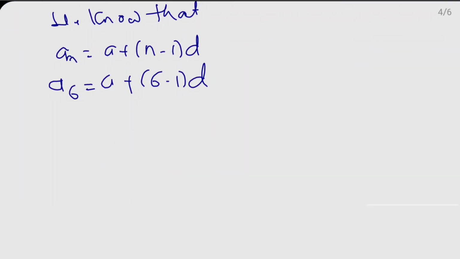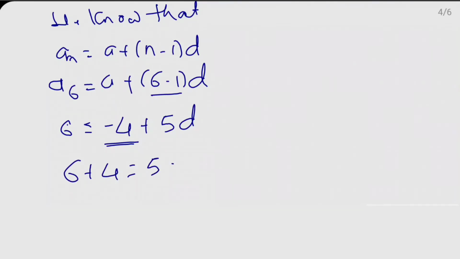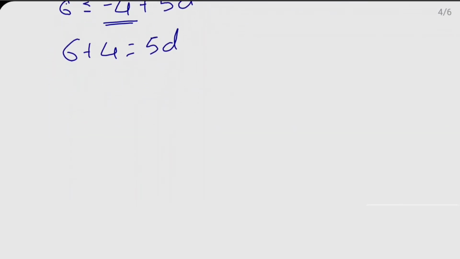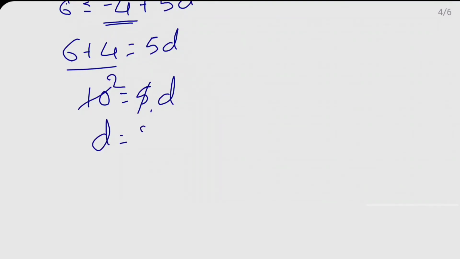So now a6 is given as 6, and a is given, that is minus 4, plus 6 minus 1 is 5d. So now minus 4 comes to the LHS side, it becomes a plus. So 6 plus 4 equals 5d. So now here 6 plus 4 is 10 equals 5d. So 5 ones are 5, twos are 10, so d equals 2.